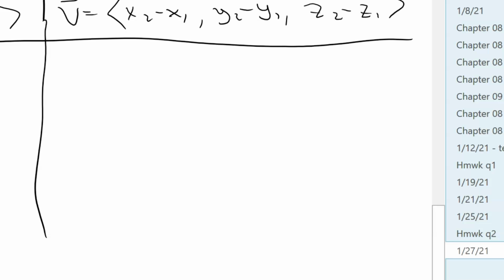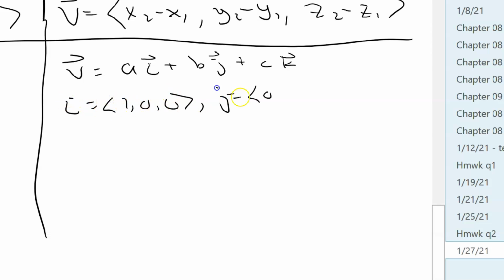That was another way to represent our vector, where i, j, and then in the 3D case, k are our standard unit vectors, I should say.